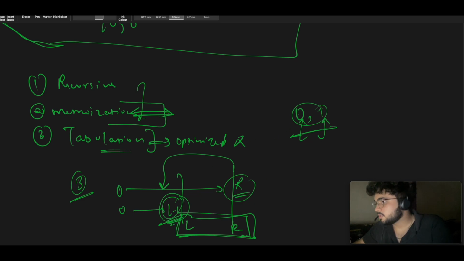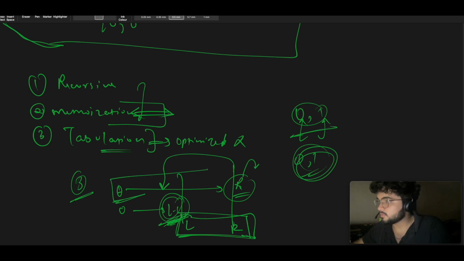But if we start from L, then we'll have restrictions for the smaller numbers too, right? So now we'll not be able to select 0 or 1, it must be greater than this. Now this will become very complex, right? But from 0 to R it is simple. We'll just see whether the number is getting larger than R or not. We don't really need to care about the smaller numbers, right?